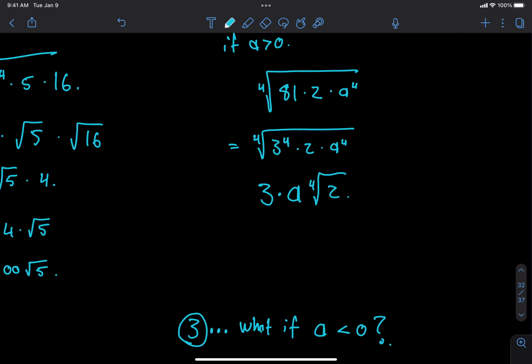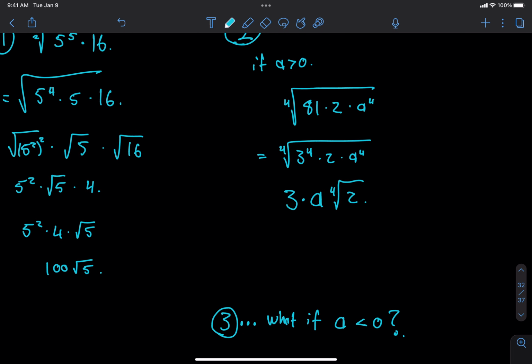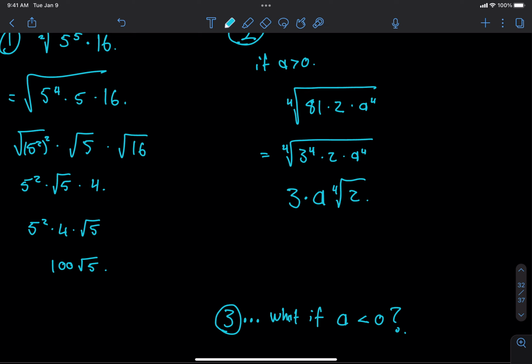Okay, what would change about this if a was a negative number? Yeah, Connor? It wouldn't exist because you can't take an even root of a negative. That's true. However, if I take a negative number and I take it to the 4th power, is it still going to be negative?